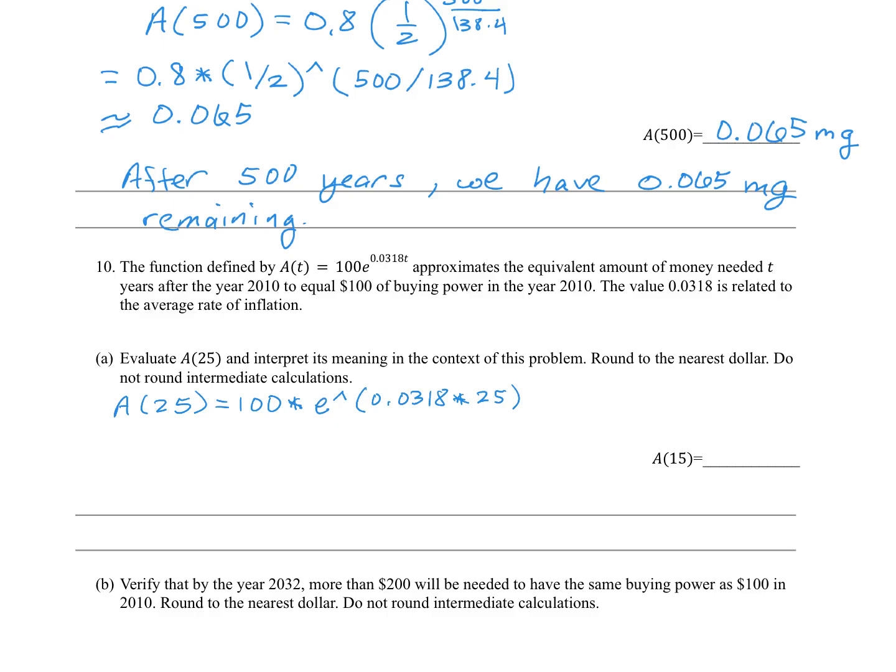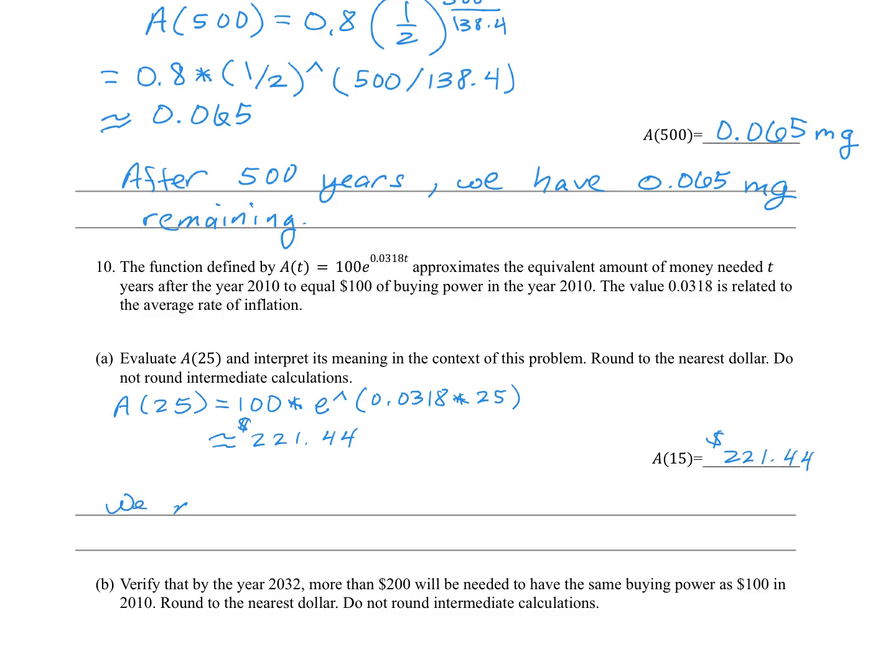You may have to hit the second key to trigger it. But when you do this calculation, you are going to get approximately 221.44, which says that you have to have $221.44 in the year 2035 to have $100 of buying power back in 2010. Kind of depressing, but that is how it works out.